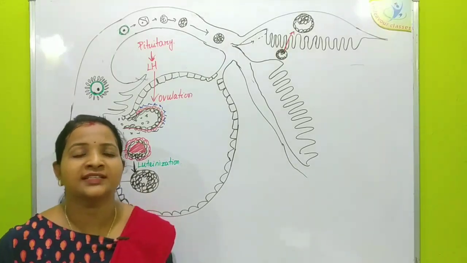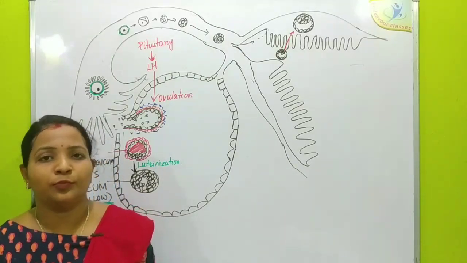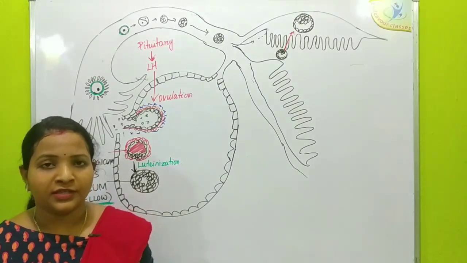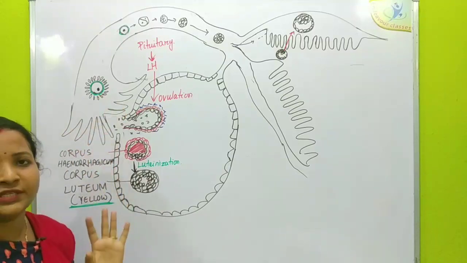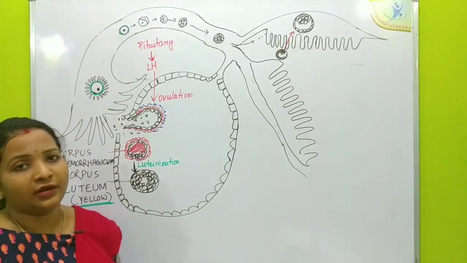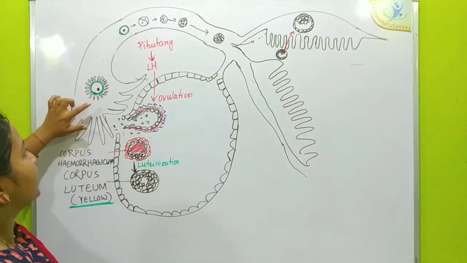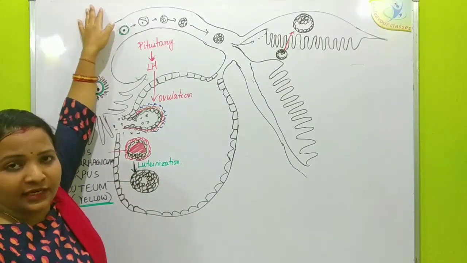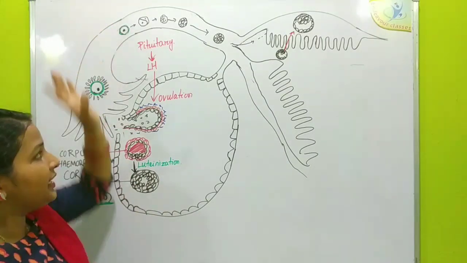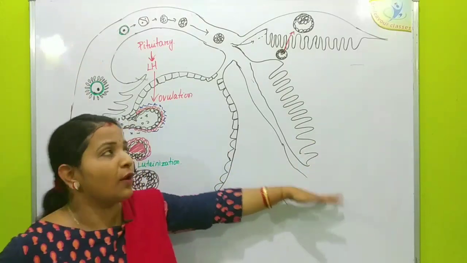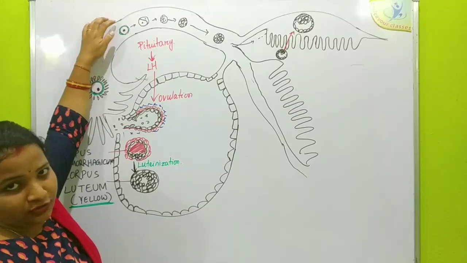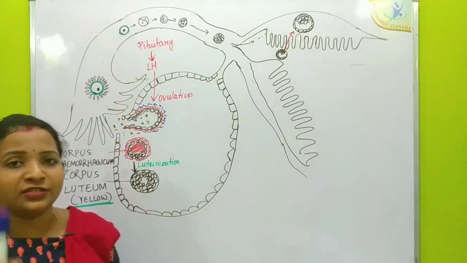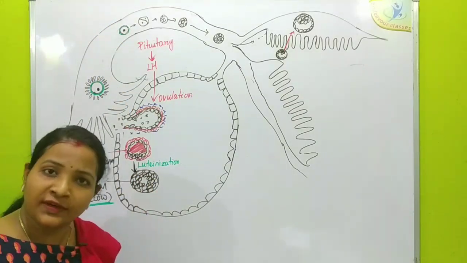In a few circumstances it may extend up to 48 hours, but normally it is 24 hours. So the secondary oocyte is now inside the ampulla, and if the sperms come within 24 hours of ovulation, then fertilization occurs here. If fertilization occurs, then a zygote will form.